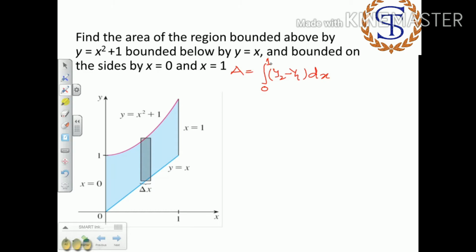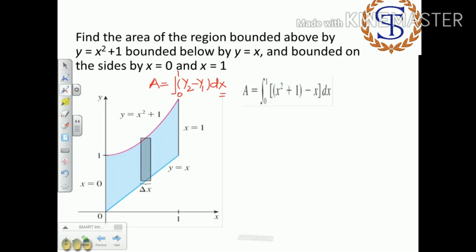Now after putting the value of y2 and y1, what will we get? Now what is the value of y2? y2 is x square plus 1. So we put x square plus 1 in place of y2. Now what is the value of y1? We have the value of y1 from this line, that is y equal to x.